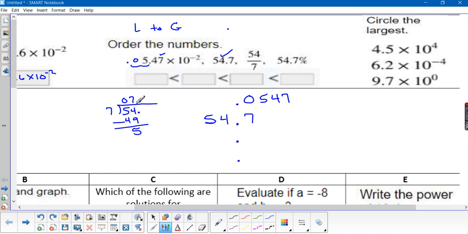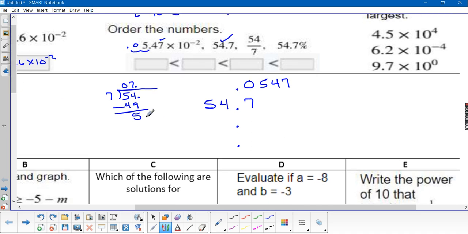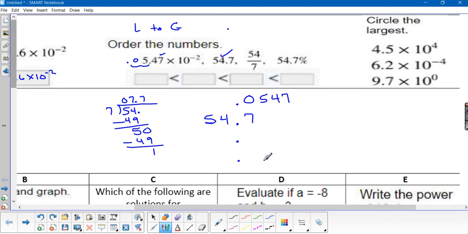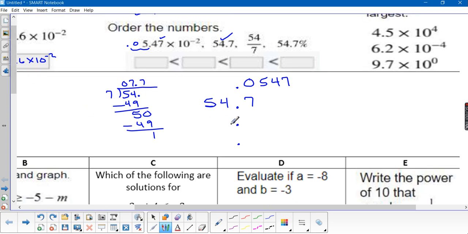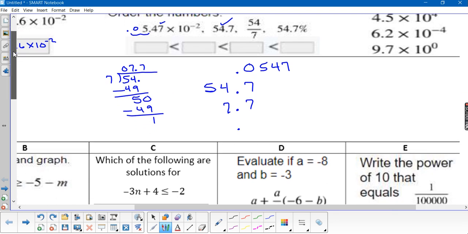I don't think I have to go very far to be able to compare it. I could probably do it with just the whole number, but let's take it one decimal place. 7 times 7 is 49. We still have a remainder, but we'll leave it like that because 7.7 is plenty to measure that number by. So I'll just continue with that.